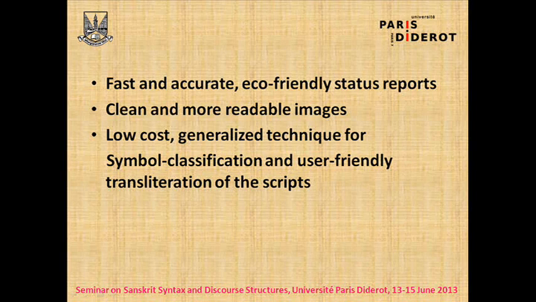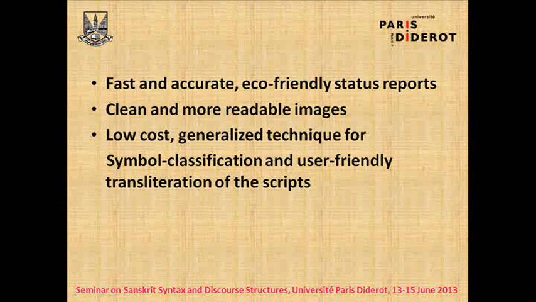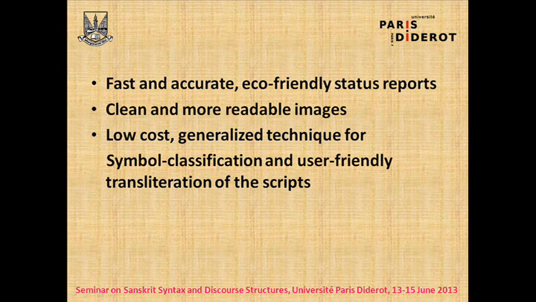They are more readable images because of their fresh looks and also because the display software supports zoom in. Generalized techniques for symbol classification do not involve any linguistic resources and hence work irrespective of the script. The user-friendly mapping is a novel concept to utilize the expertise of script readers and facilitate a large number of manuscript researchers who do not know the scripts.